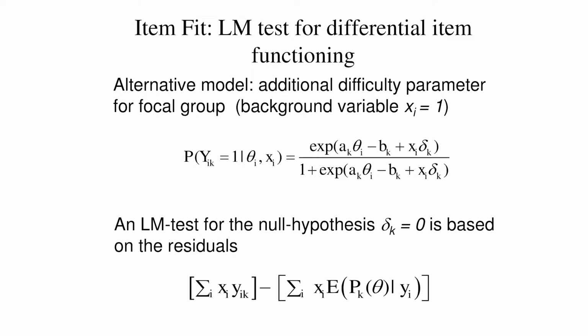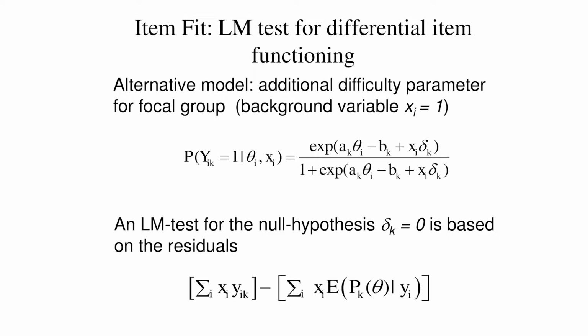The observed score here is the sum over all individuals, so over all students, of the covariate X multiplied by the item response. This is only 1 if you are a girl, so this is something like the number of correct scores given by the girls. And it's compared with the expectation under the IRT model.